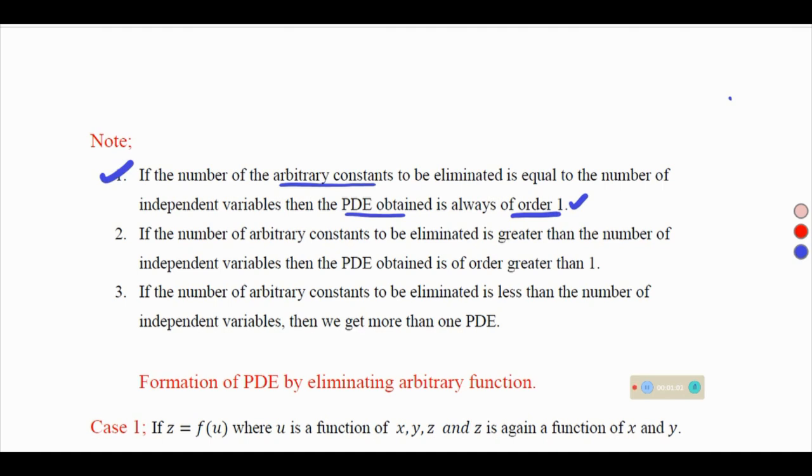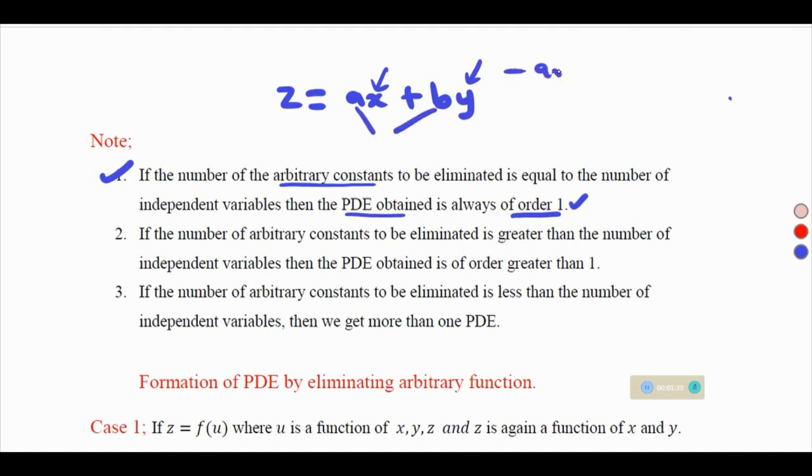We looked at such examples, but for the purpose of understanding, we can consider one of them. For example, z equals ax plus by. You realize that we have two independent variables, x and y, and two arbitrary constants, a and b.